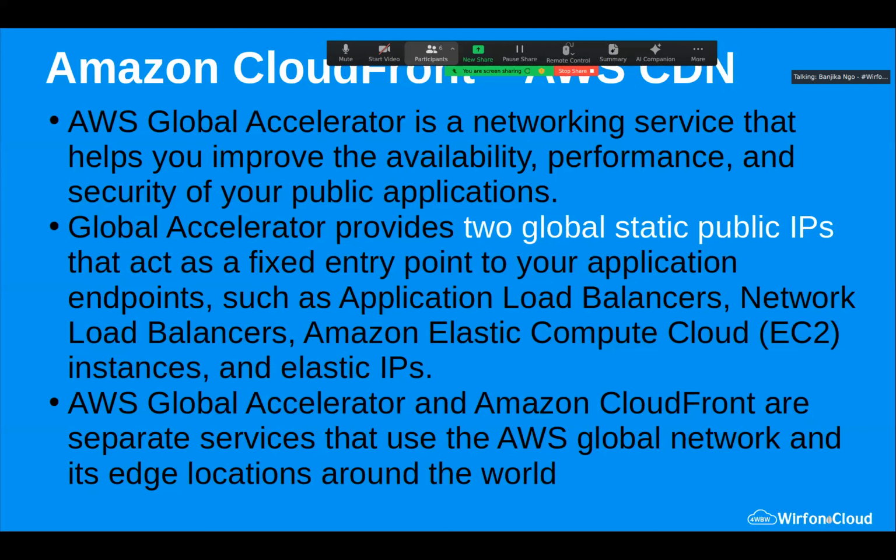So if you have your load balancers in AWS and you want a fixed entry point to them, you can think of Global Accelerator. AWS Global Accelerator and Amazon CloudFront are actually separate services, but they use the AWS Global Network and its edge locations around the world to easily deliver content, right?